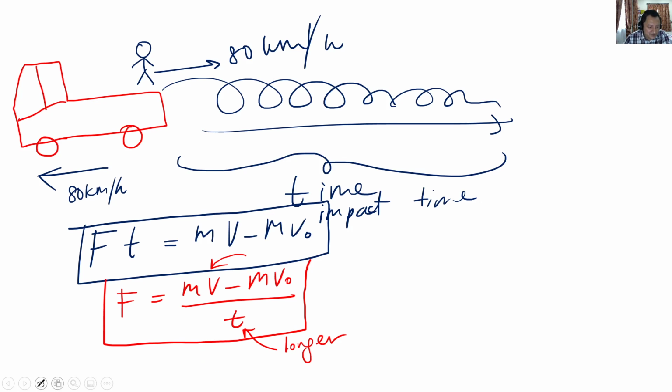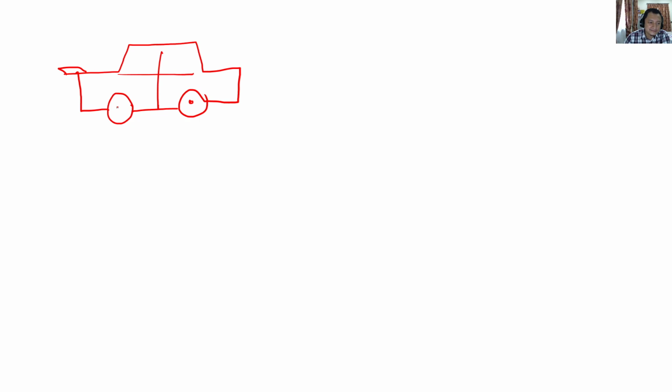The same principle is used in the design of automobiles. This is a car. This is the front of the car. This is the antenna. This car is traveling this way.